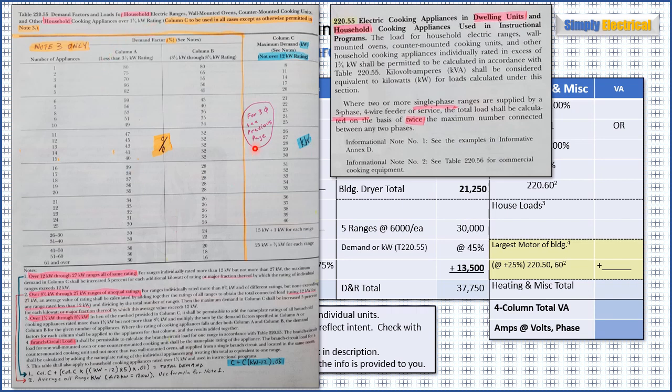So this table, the range table, is very confusing for a lot of folks, especially those who are new to the industry or new to the code book. It looks complicated, and it is a little complex, but it's not as difficult as it may seem to figure out once you see what their intent is, once you see where they're going and what process they're using to reach their values, and we'll go through that.